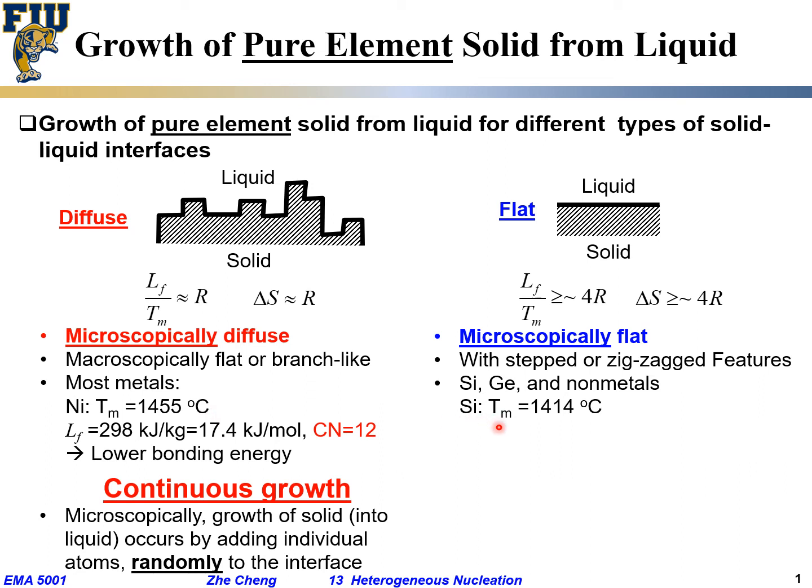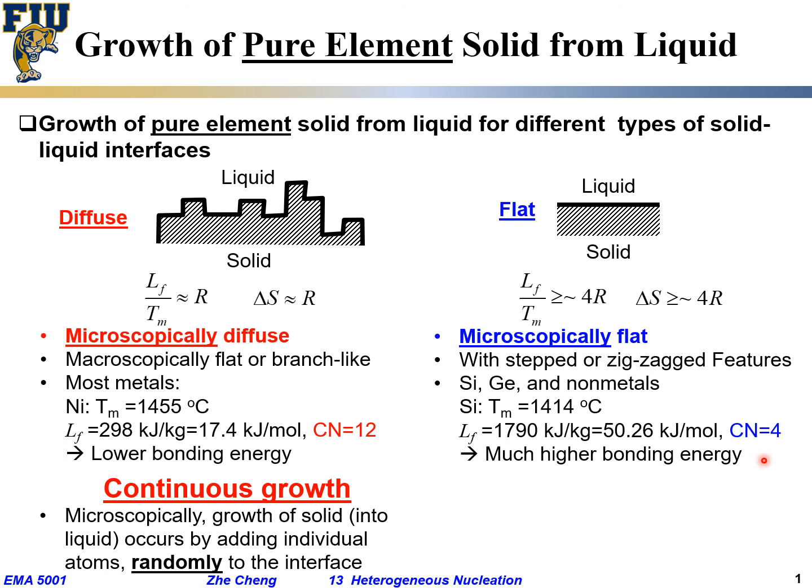The latent heat would be, well, pretty high, right? Pretty high, kilojoule per kilogram. And if we know the atomic mass, we can go to kilojoule per mole, and we know the coordination number. Make sense? Based on this, of course we are not dealing with sublimation, but the consequence is similar.